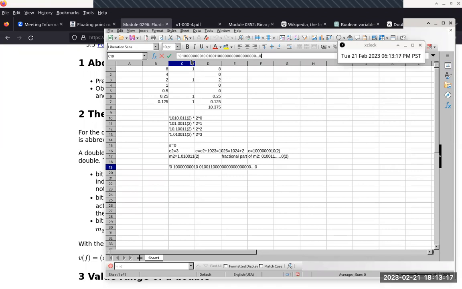Okay, so I'm just going to say they're all zeros after that. Is that okay? So this is my claim: this bit pattern here, 0, 1, 0, 0, 0, 0, 0, 0, 0, 0, 1, 0, 0, 1, 0, 0, 1, 1, and then all zeros after that. These 64 bits arranged in this particular order are going to represent 10.375.